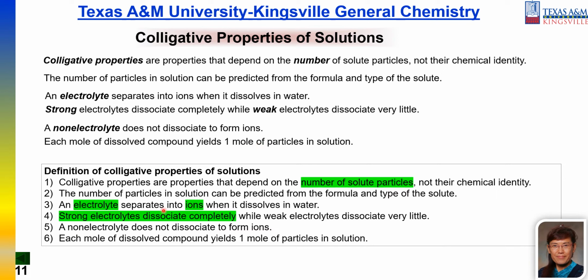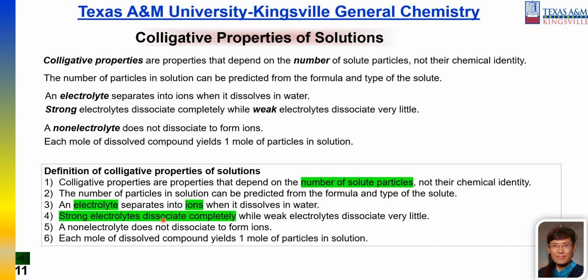So again, to repeat, colligative properties are the properties of your solutions depending on the number of your solute particles. The number of particles in your solution can be predicted based on the formula and the type of your solute. Electrolytes separate into ions when they dissolve in water.